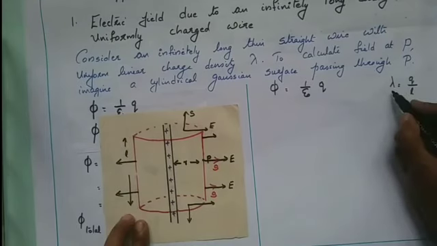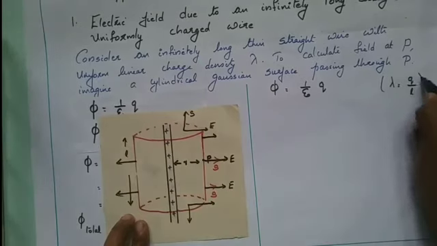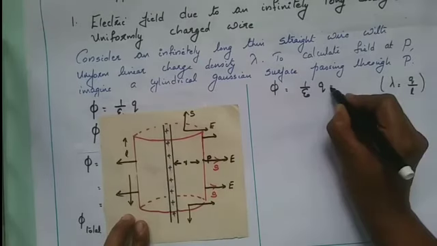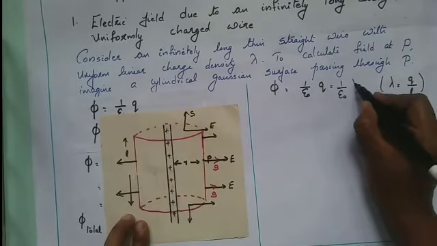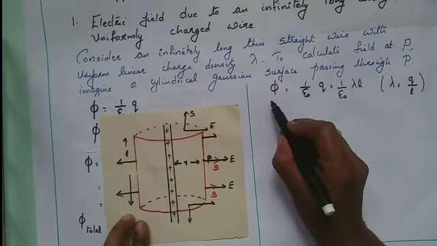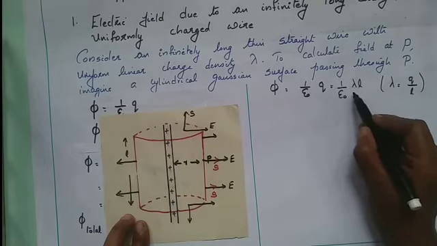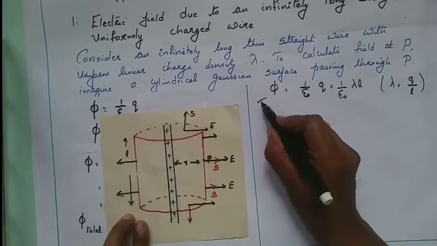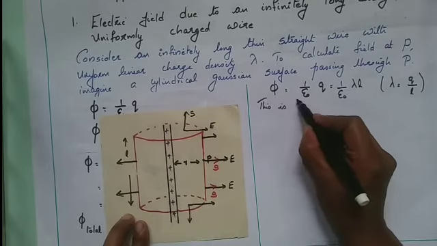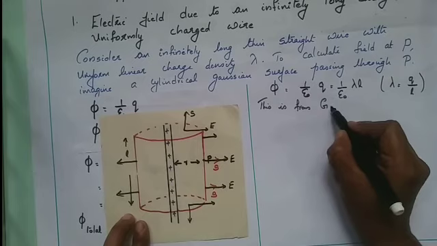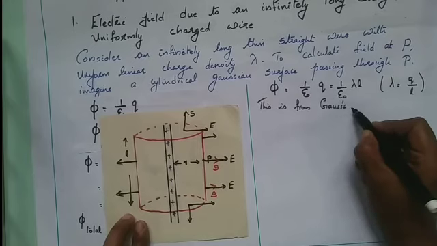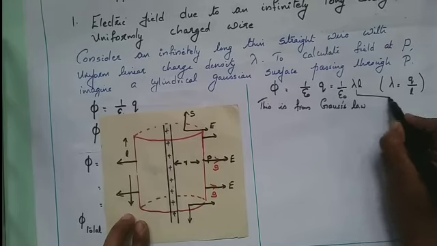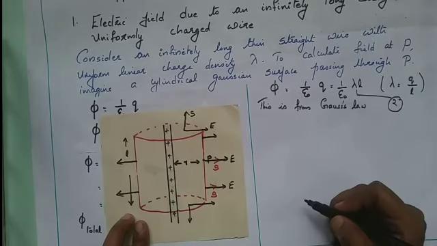Therefore, Q equals lambda L. So the total electric flux from Gauss's law is given by 1 by epsilon 0 into lambda L. This equation can be taken as the second equation.